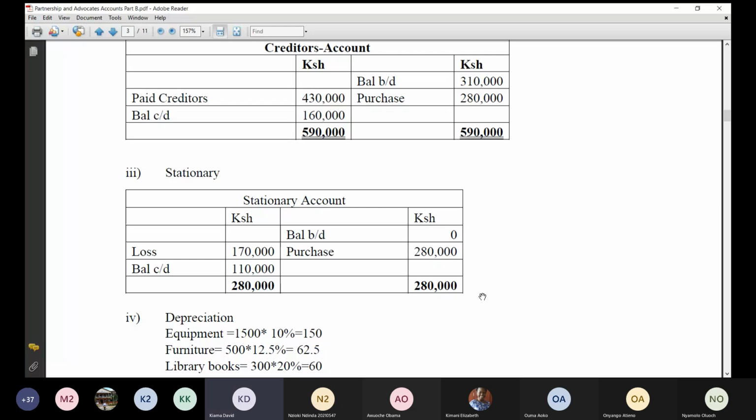Number two is on note 7. The firm paid salaries and wages of 280,000 and office expense of 70,000 for the year ended 30th April 2007.